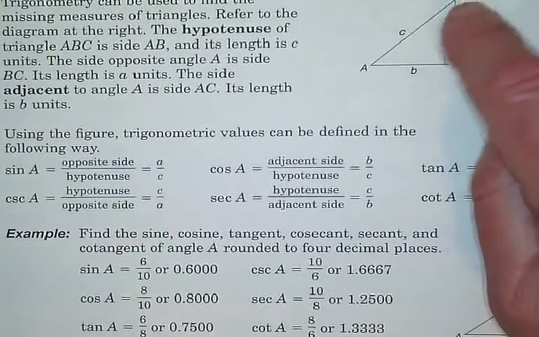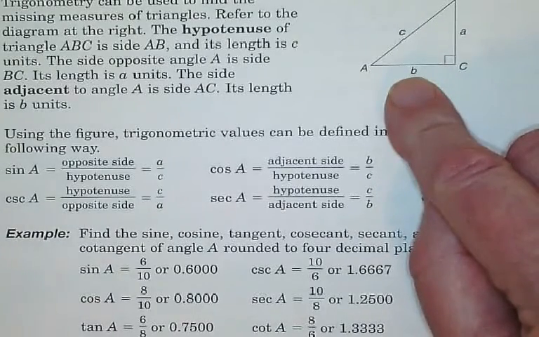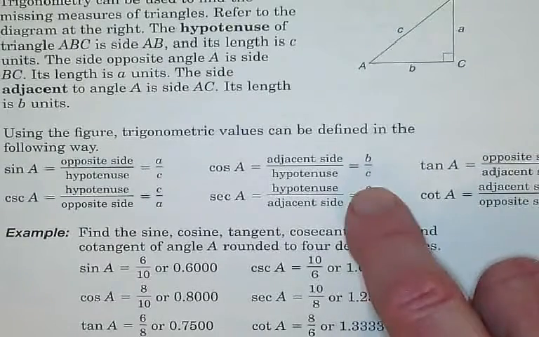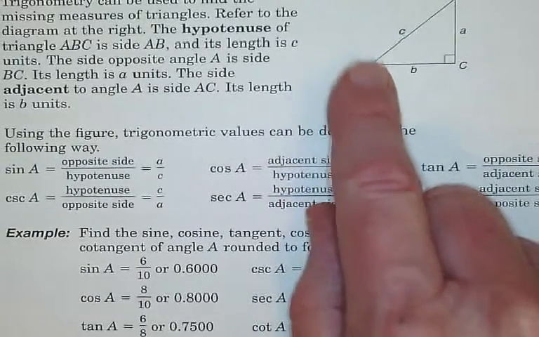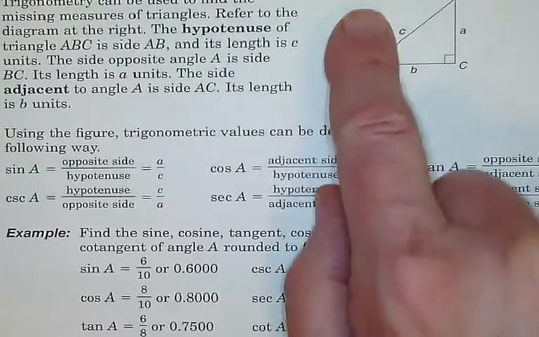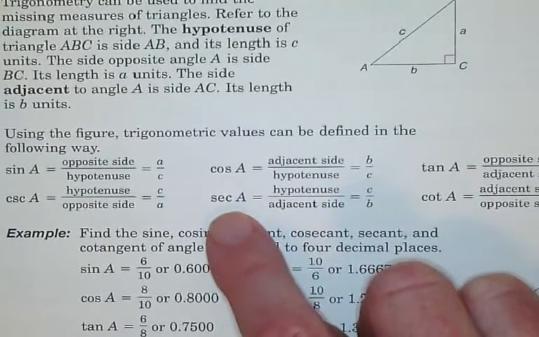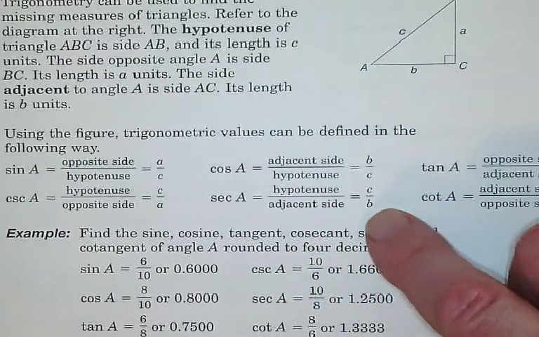Whenever you have capital B, lowercase b is the side that's opposite. When they say adjacent over hypotenuse, they're looking at this one. This is the adjacent, that's the hypotenuse, b over c. If I wanted to know the secant, it's just the reciprocal, c over b, right?